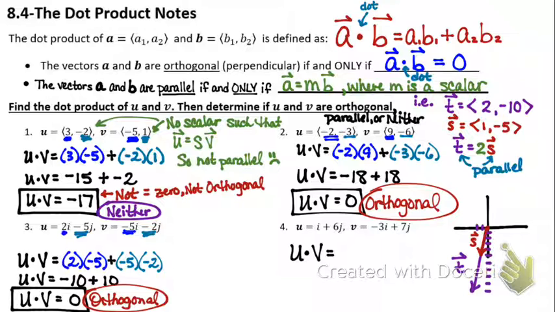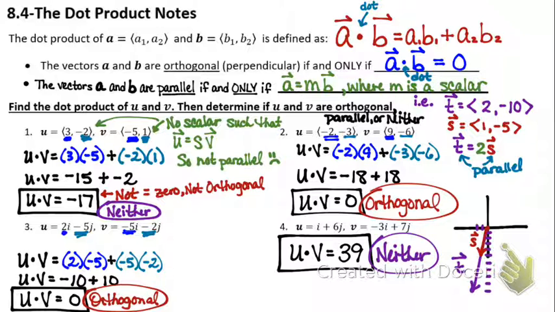What did you get when you dotted u and v together here? 39. Are they orthogonal? No. Are they parallel? No. So I would say neither here. If you're in doubt of whether or not they're parallel, you could always sketch it.